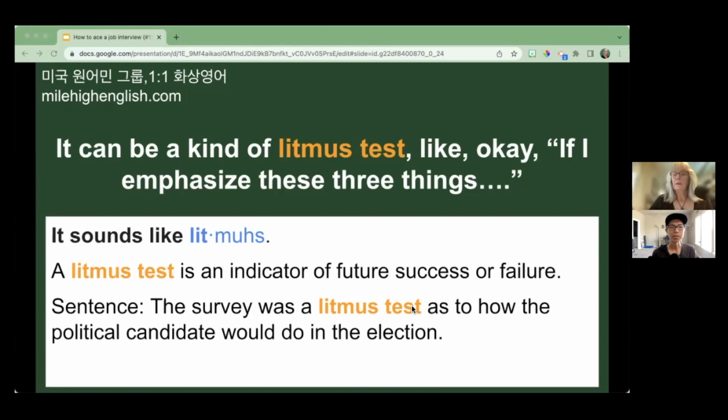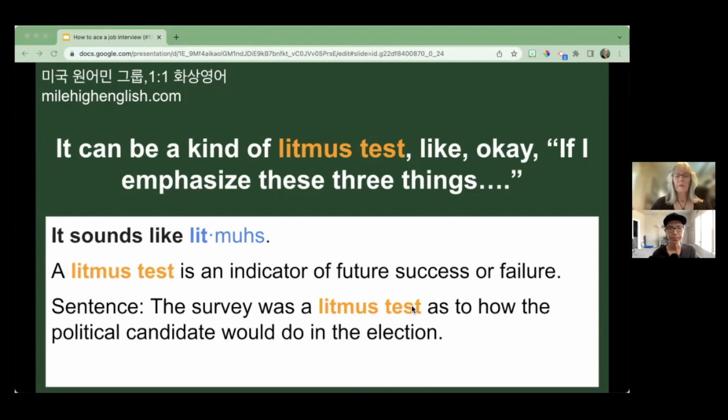That's a really good sentence. Thank you. I wrote that one all by myself. Will you read it for me? Sure. The survey was a litmus test as to how the political candidate would do in the election. Good. Say litmus again. Litmus. There you go. It was more clear the second time that you used it.